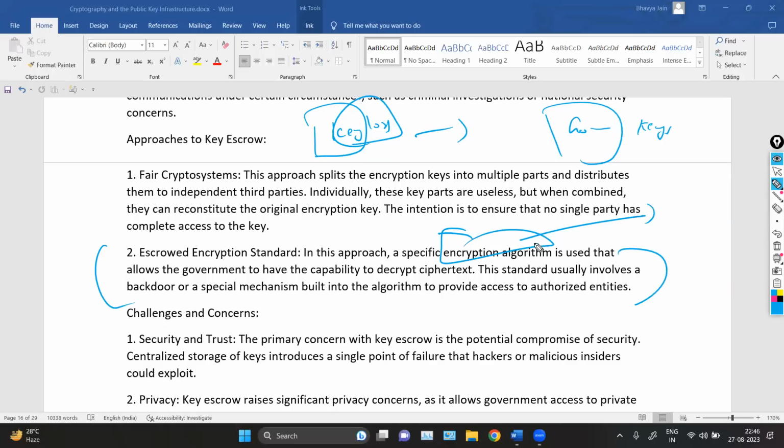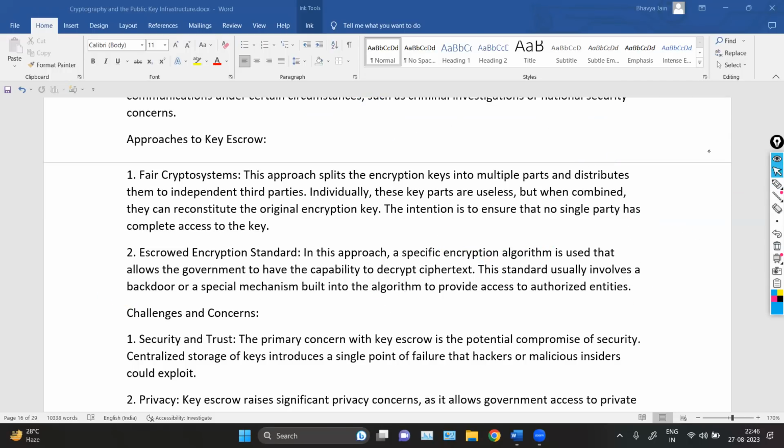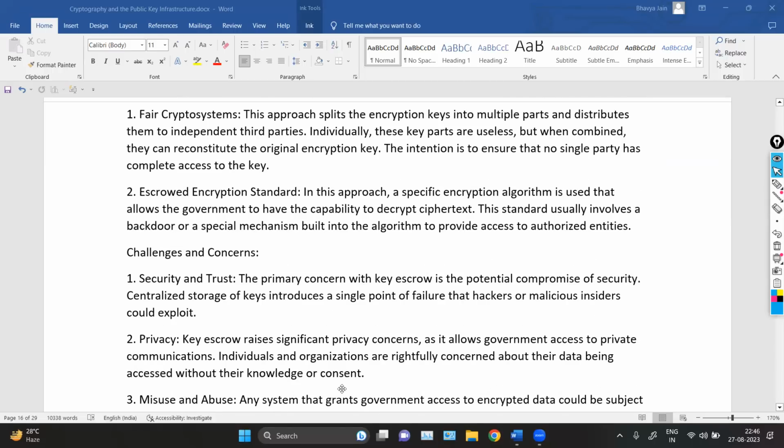So this standard usually involves a backdoor, or a special mechanism built into the algorithm to provide access to authorized data without having all the parts of the keys.